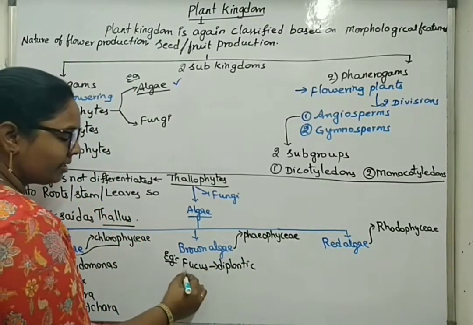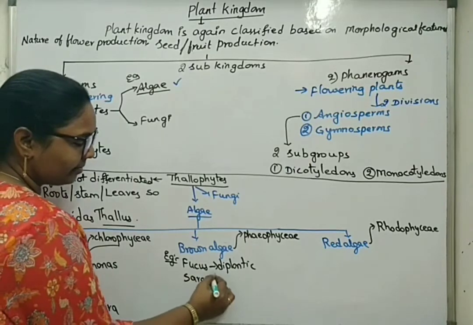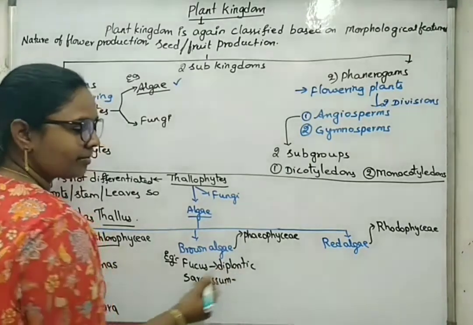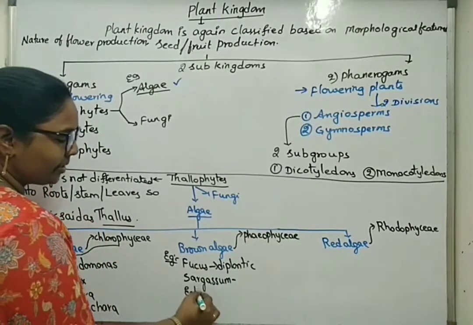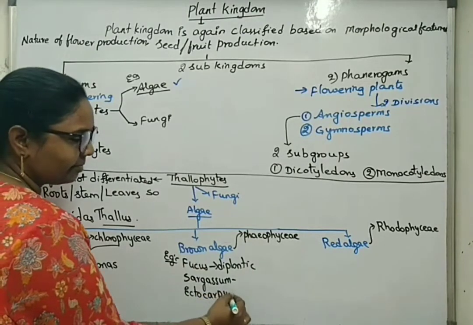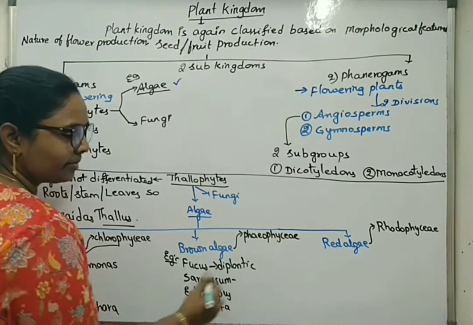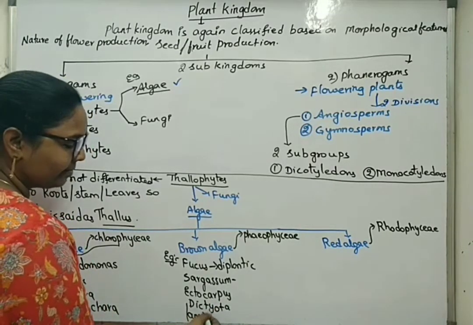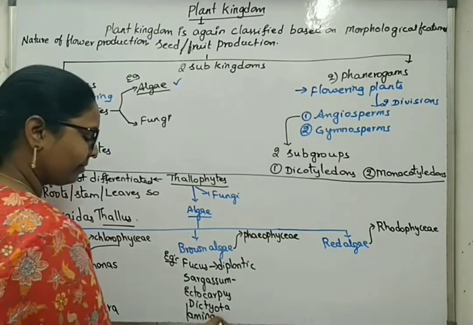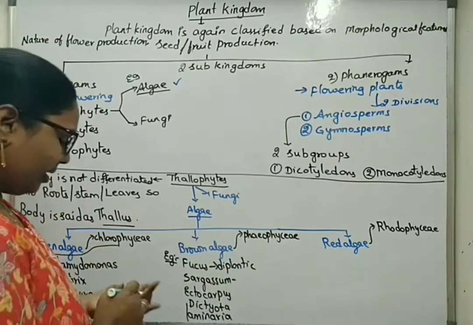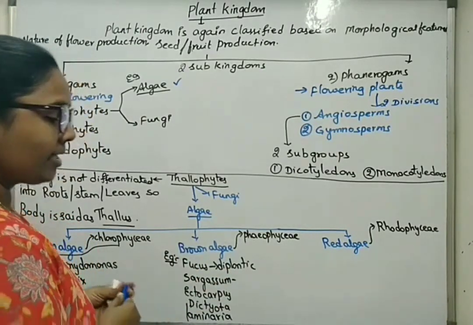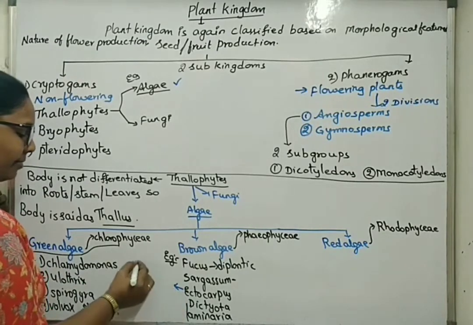Next examples are Sargassum, Ectocarpus, Dictyota, and Laminaria. Here, Ectocarpus is considered the smallest algae.